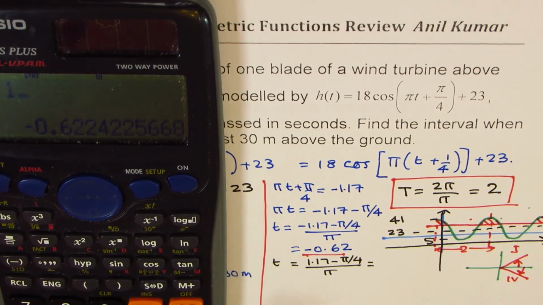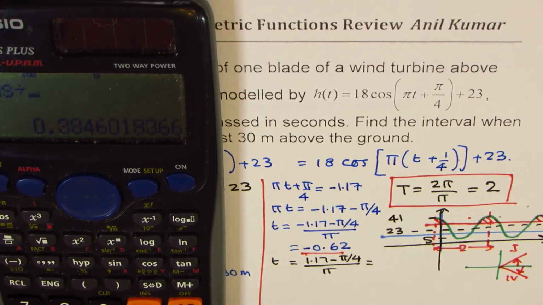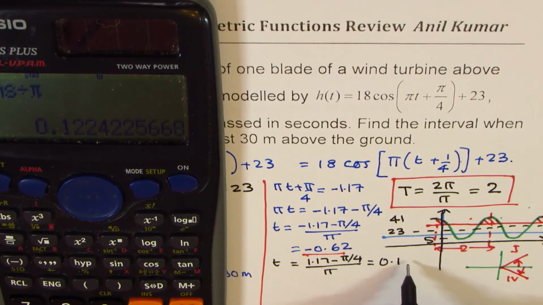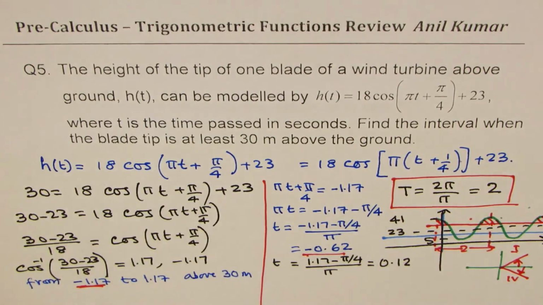So it is 1.17 minus pi divided by 4, and then we'll divide this by pi, and we get 0.12, let's say, okay. We get 0.12. Okay. So that's what we get.